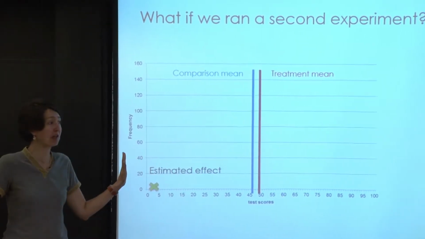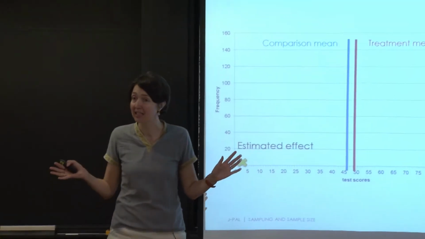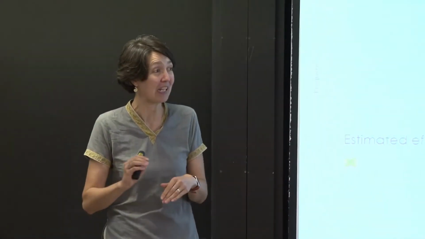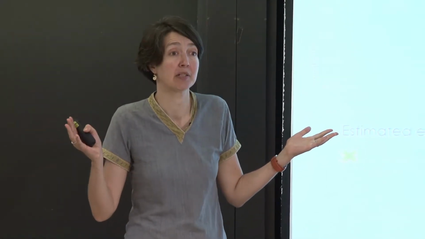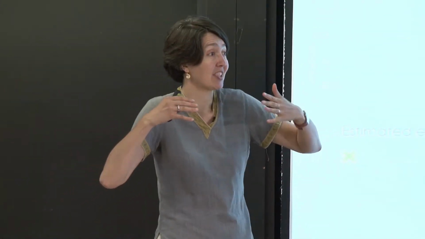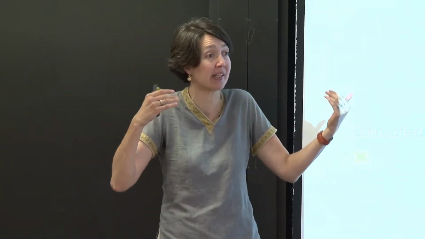And any time you run a randomized trial, you may be running exactly the same study, even potentially on exactly the same people, and you will get a different estimate because things will happen. Someone will have a bad day, they will have a headache that morning, and they'll get a different test result this time than last time.